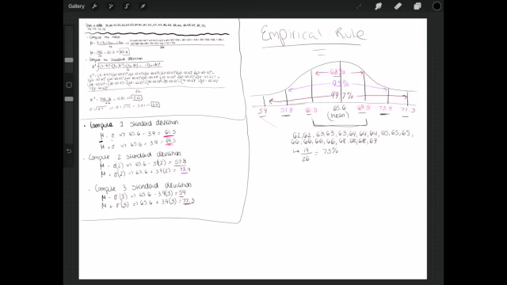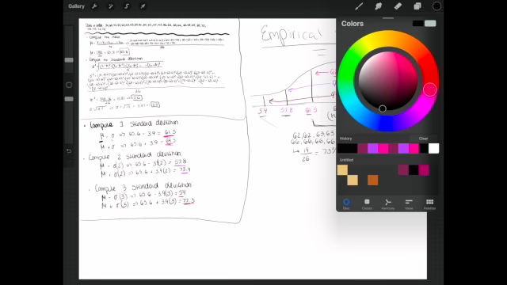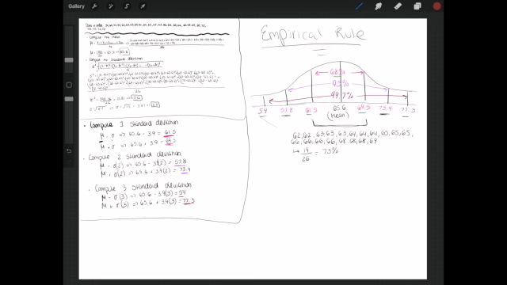And now we are going to do, let me pick a different color. Let me do a red. And now we're going to do 95%.